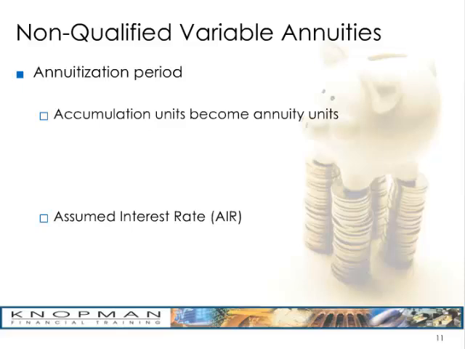If the portfolio outperforms the AIR, the distribution will increase from the previous month. So you get more money than you did last month. If the portfolio underperforms the AIR, the distribution will be less than the previous month.